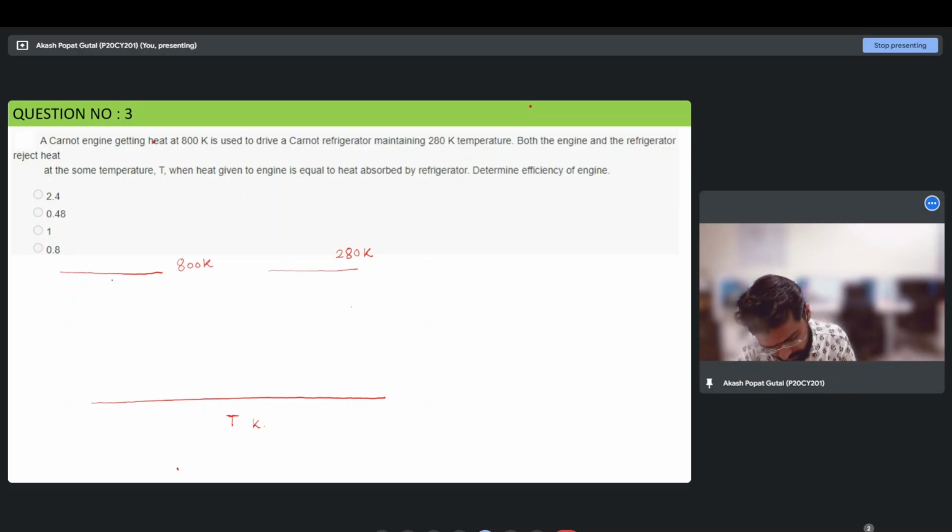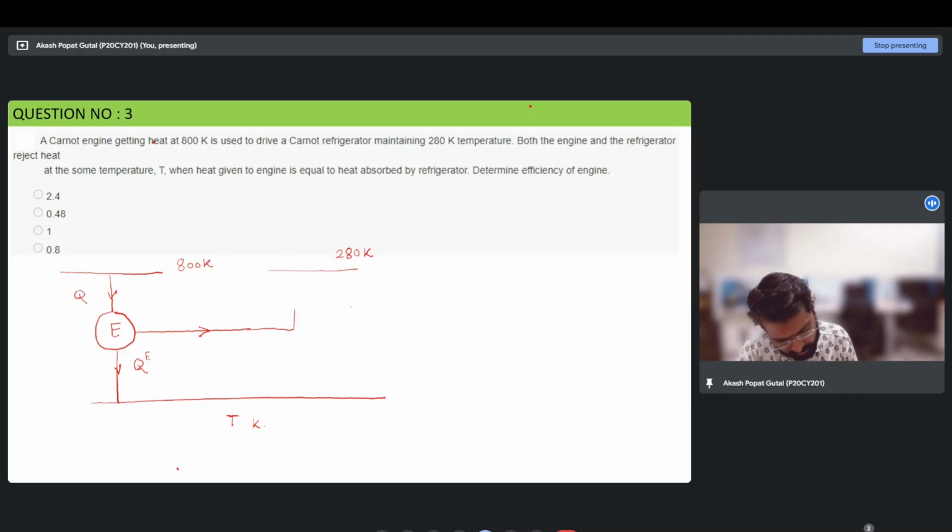Suppose this is the engine taking Q amount of heat and rejecting Q, and this is doing work which is used to run the refrigerator.